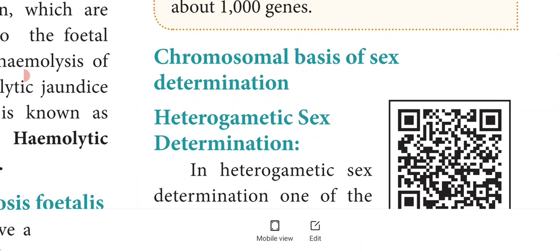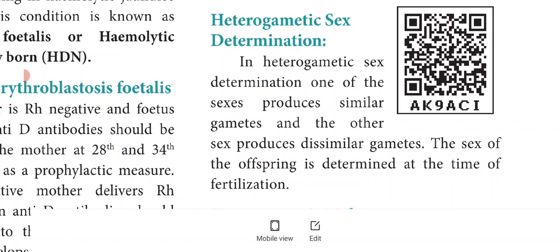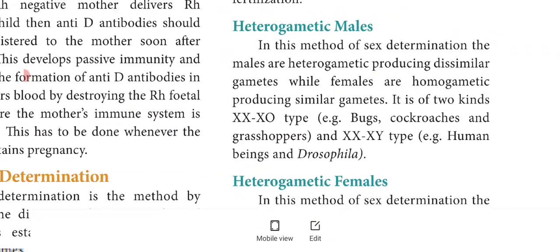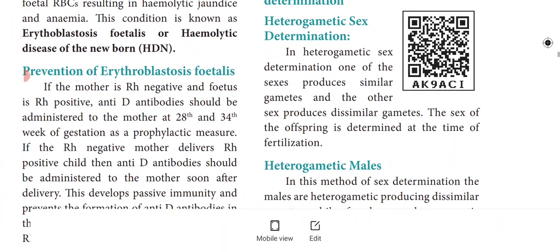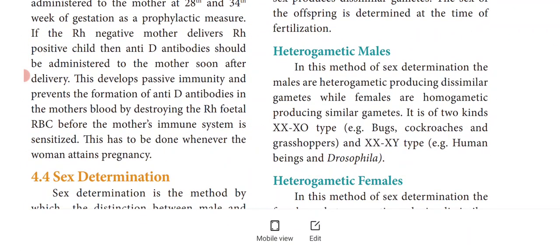Chromosomal basis of sex determination: heterogametic sex determination. In heterogametic sex determination, one of the sexes, either male or female, produces similar gametes and the other sex produces dissimilar gametes, and the sex of the offspring is determined at the time of fertilization. There are two types: heterogametic males and heterogametic females.